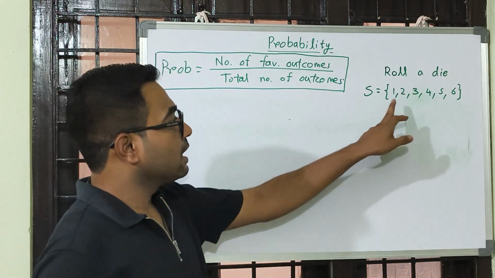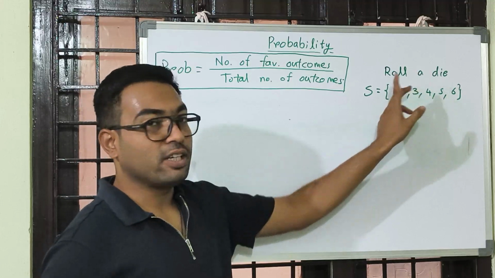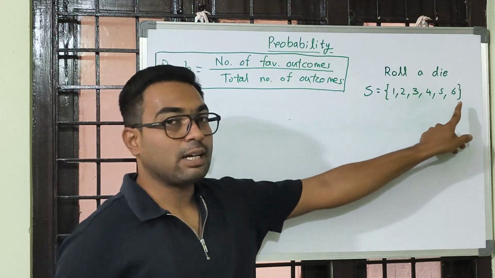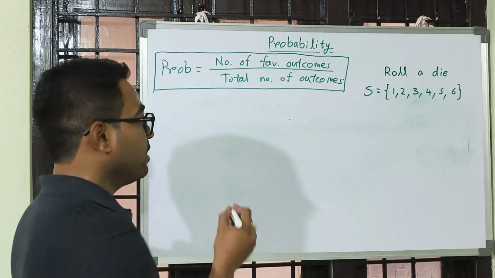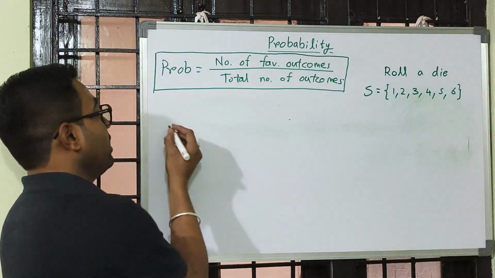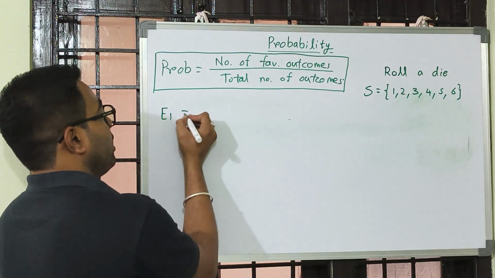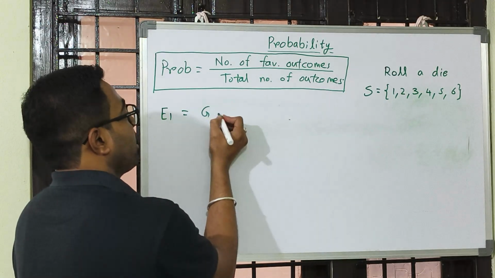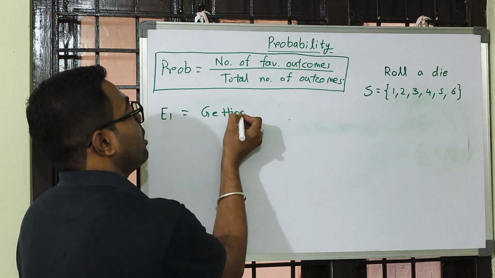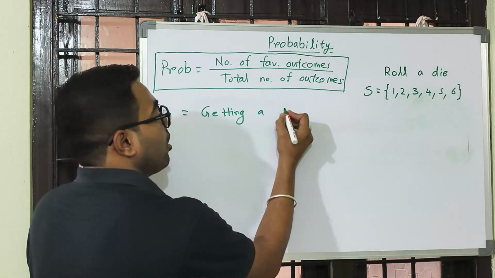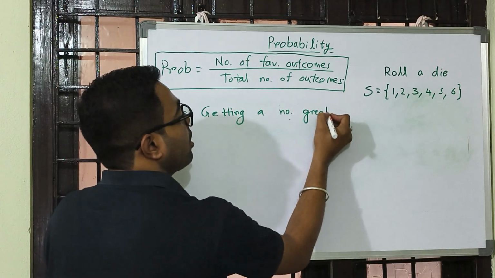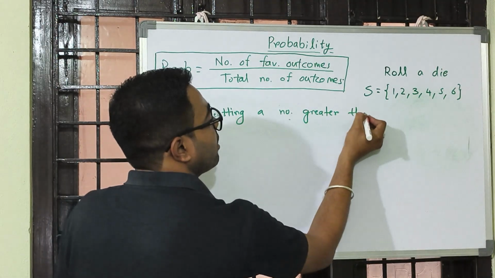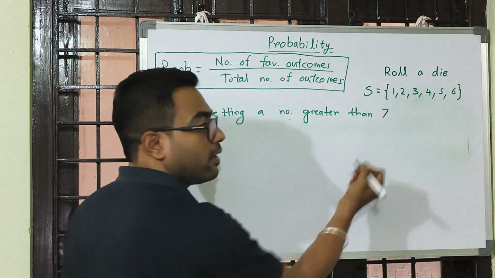Now, this was my sample space of rolling a die, where there are 6 outcomes, 1, 2, 3, 4, 5 and 6. Now let's define 3 different events. Event 1 is getting a number greater than 7.